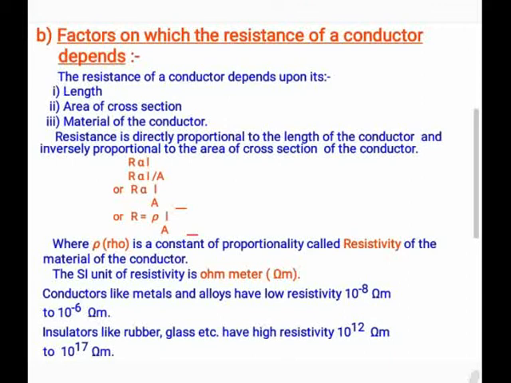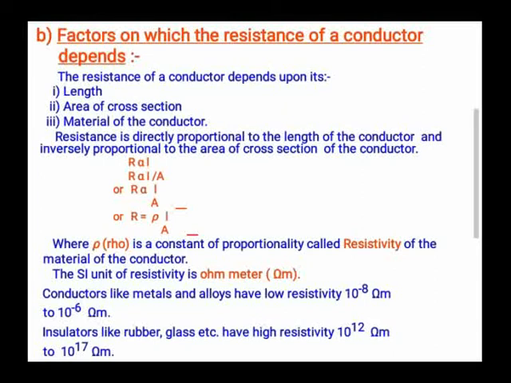Suppose R is the resistance of the conductor and L is the length, then R is directly proportional to L, which means if the length increases, the resistance also increases. Second, area of cross section. The resistance of any conductor is inversely proportional to the area of cross section of the conductor, which means the resistance R increases as the area of cross section of the conductor decreases. Third, material of the conductor.